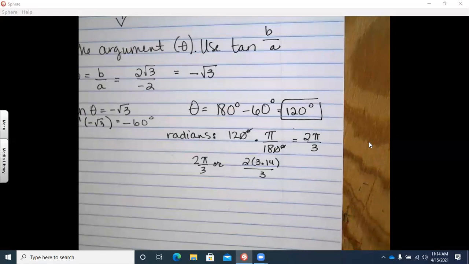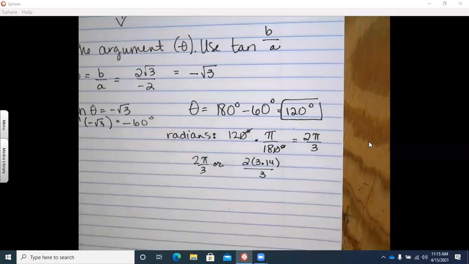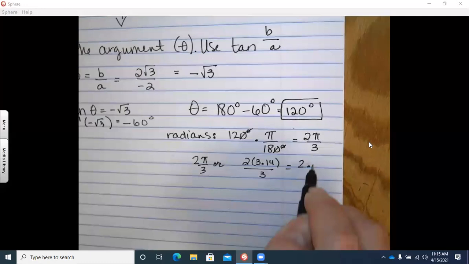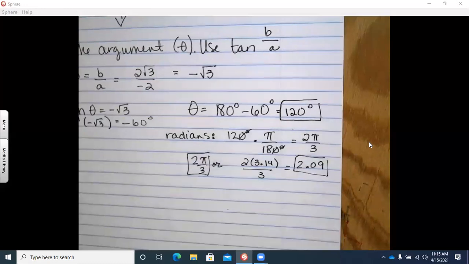If it was degrees, I would do 2 times 180. So 2 times 3.14 is 6.28. Divide that by 3, and I get 2.09 radians. So either 2/3 pi or 2.09. You could see it either way. So I'm going to write it both ways this time when I do my polar form in radians.